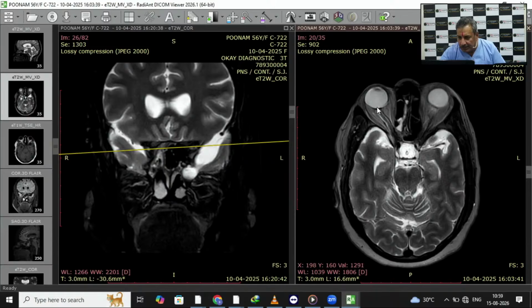Number two, can you see the optic nerve buckling? This optic nerve, right from the disc, goes intracranially forming the optic chiasm and tract. Now this optic nerve is loosely placed in the orbit, from the disc to the orbital apex.